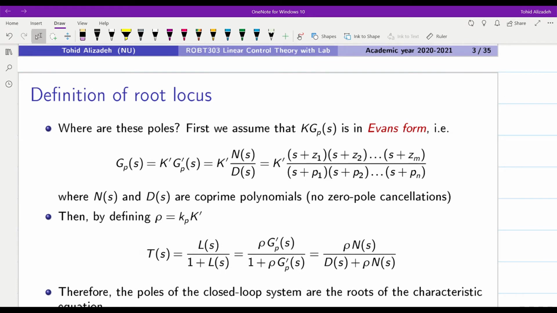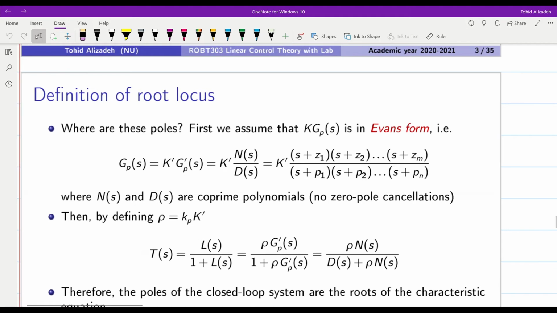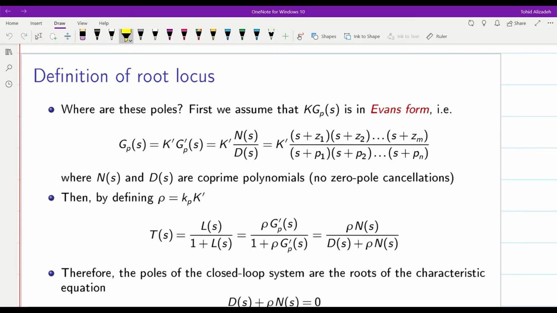First we assume that Gp is given in the following form. Gp is our process. It is given in the form of K prime times Gp prime, where Gp prime is a numerator over a denominator, in which the numerator includes multiple zeros in the form of s plus z1, s plus z2, s plus z3, and so on up to s plus zm.